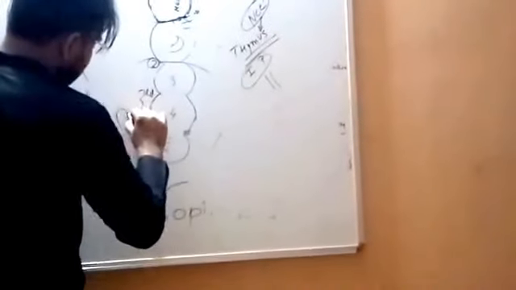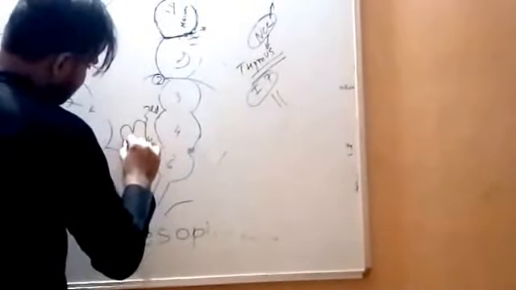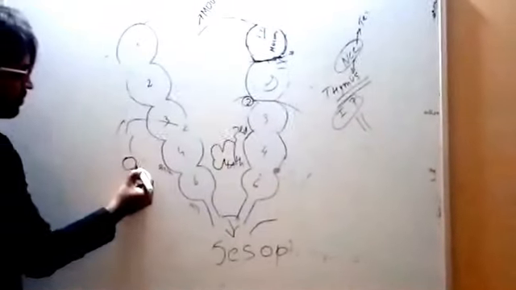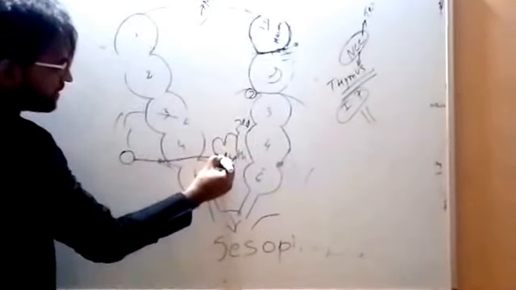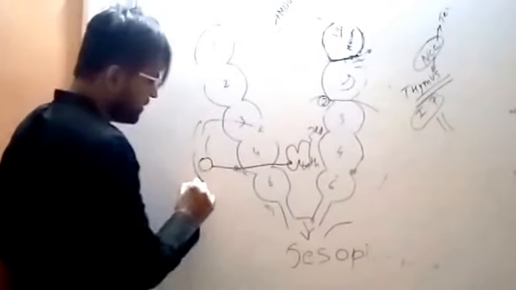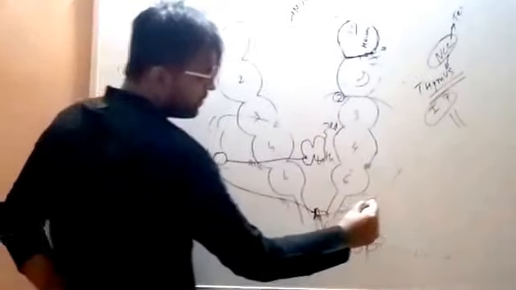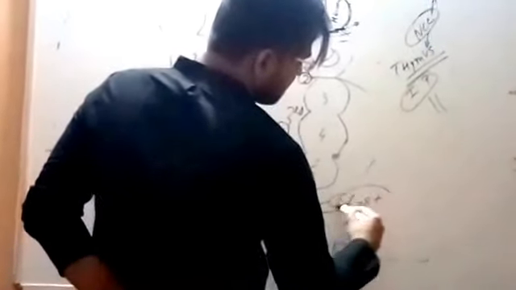There is a thyroid, diagram number. Inferior parathyroid, after migrating for certain distance, moves medially and gets incorporated in the thyroid, and this thymus, it goes down in your chest.